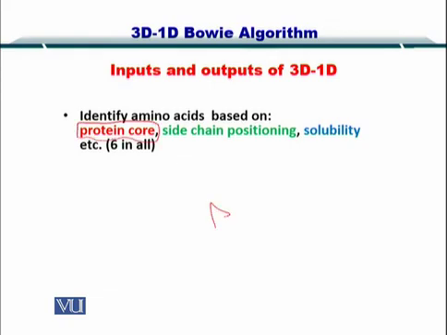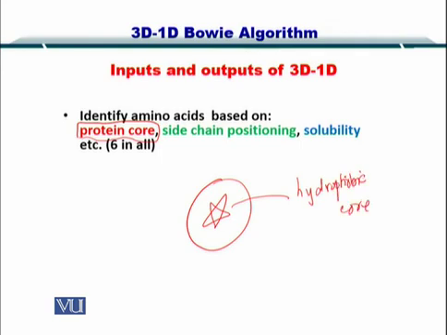As you know, the protein has a hydrophobic core, and then the external structures. So in this core, you have to identify the amino acids. Okay, so this is step number 1.